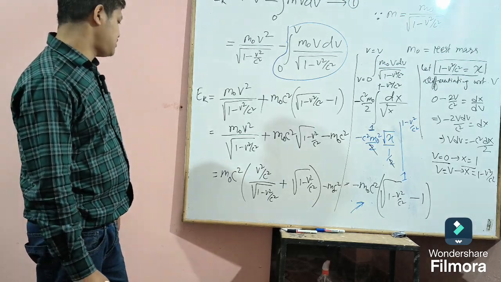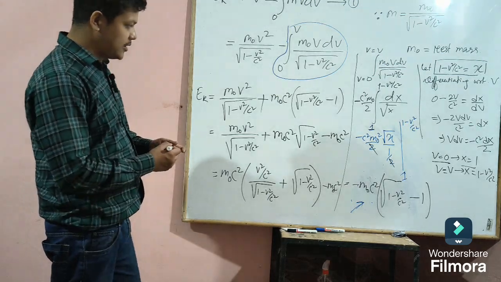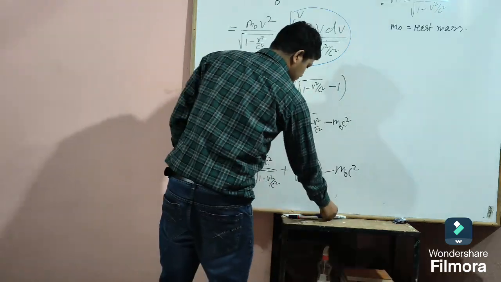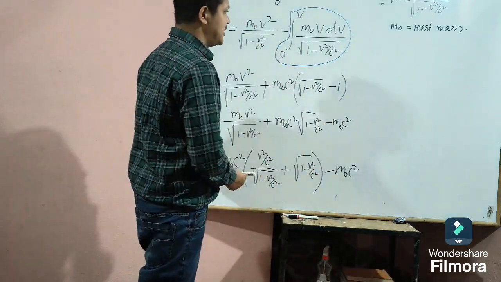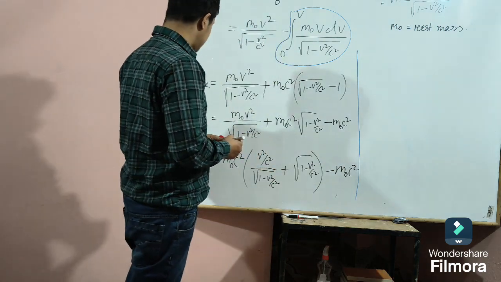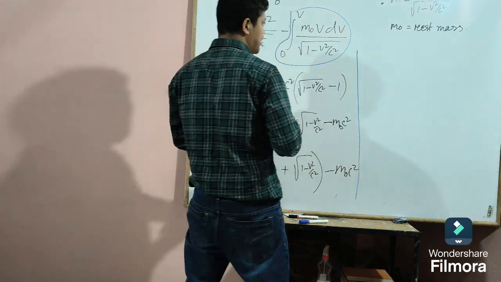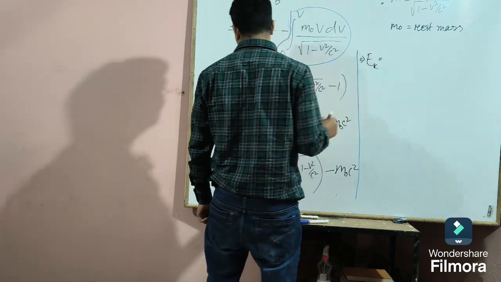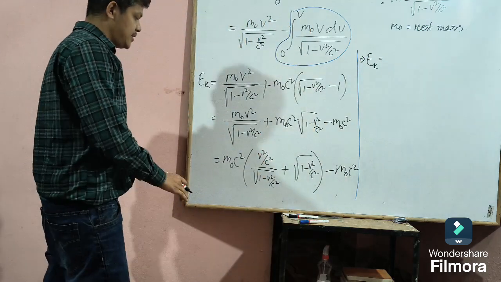Okay, now you see, let me clean this part. Already we have used this. Now you see, let me simplify this. So if we simplify, then what we're gonna have, total kinetic energy Ek will be.